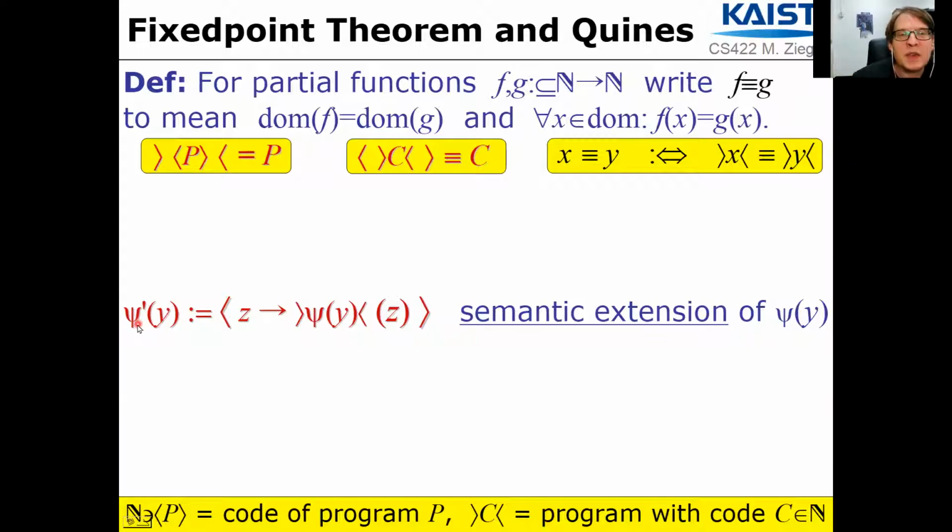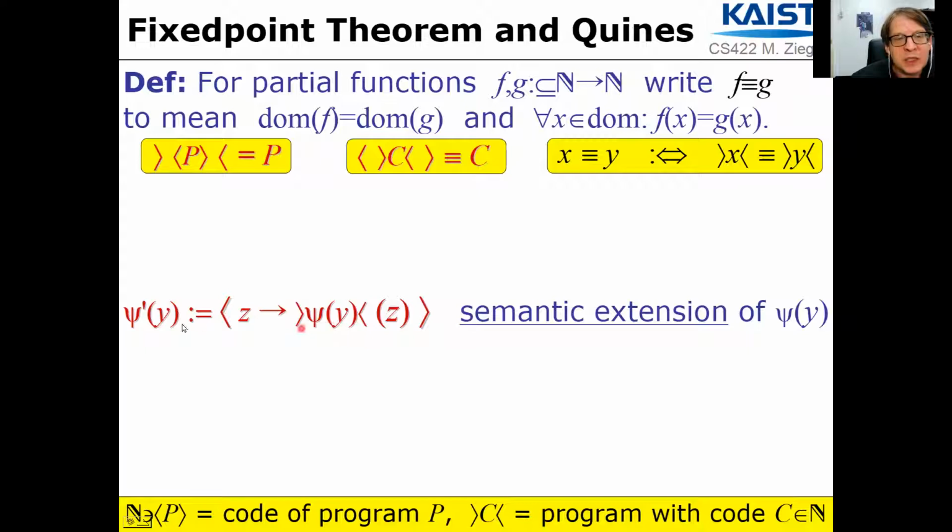And from this, we construct a new function psi prime, which turns out to be a total function. That's why it's called an extension. The original psi may be a partial function, and the new one will be a total function. Let's check how the new one is defined.